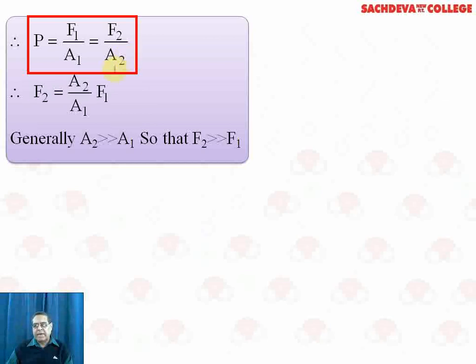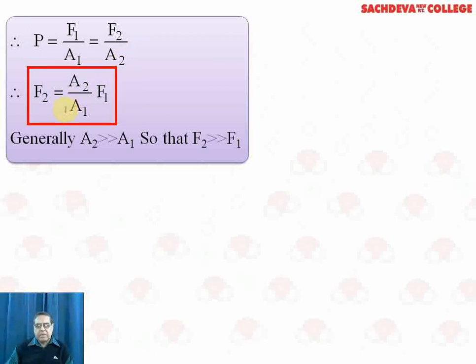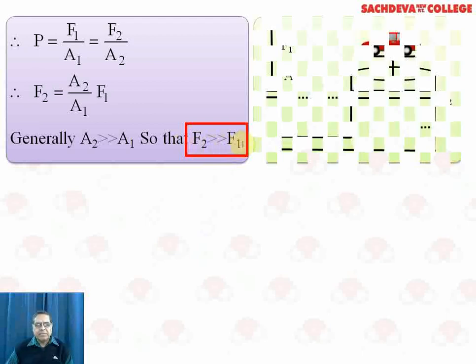The forces will be F1 and F2. So the pressures at the two pistons, F1 over A1 and F2 over A2, will be numerically equal. So we can calculate the force at the other piston as F2 = (A2/A1) × F1. Generally, A2 is much greater than A1, so force F2 must be much greater than F1.